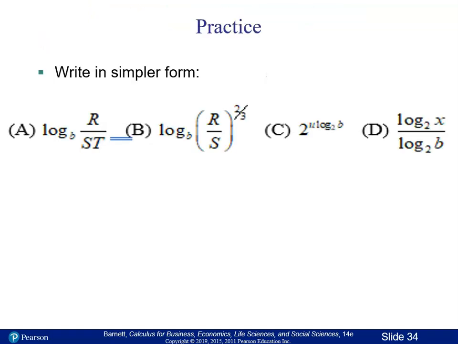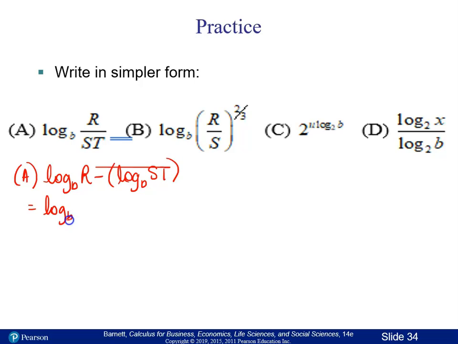All right, so here's some for you to try as far as writing it in simpler form. Okay, this first one here for a, you would have the log base b of r minus the log base b of st. And then you do want to break that apart.